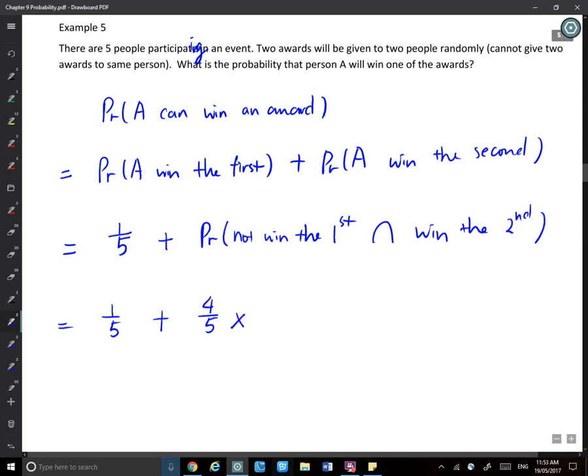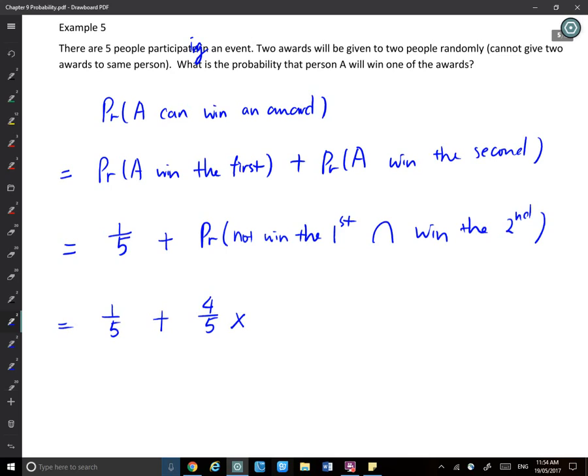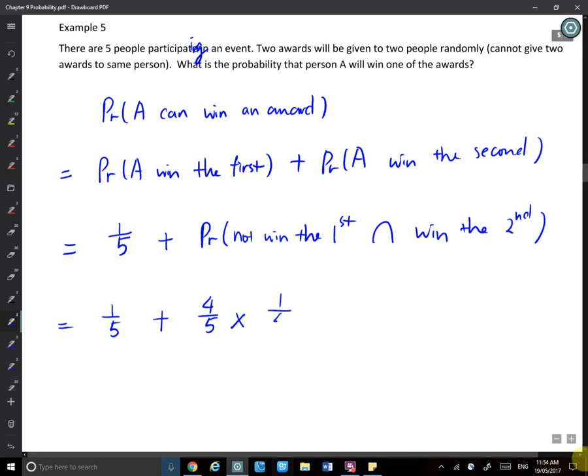Intersection is times because this event doesn't finish, and I want to win the second. What's the probability I can win the second? That's the important thing. 1/4. Because 5 people, someone wins and someone walks out, and I have 4 left and I'm involved. The probability I can get it is 1/4.